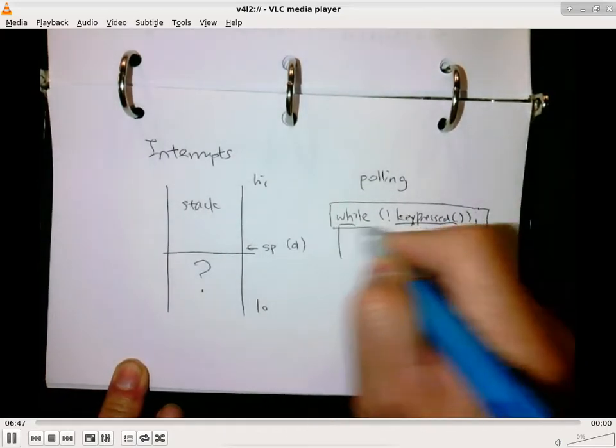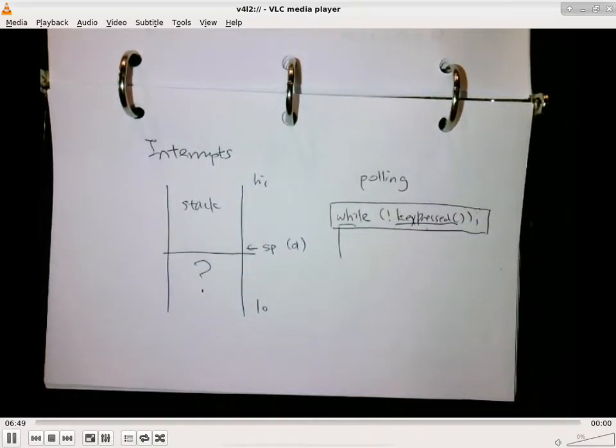We don't like to do polling because we like to multitask. Okay, so to use an example of my office hours, this would be equivalent to me asking, is there someone waiting outside? No. Is there someone waiting outside? And I keep asking that question continuously for the entire office hour. I'm not going to do that.